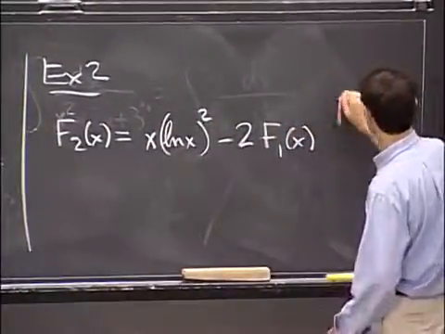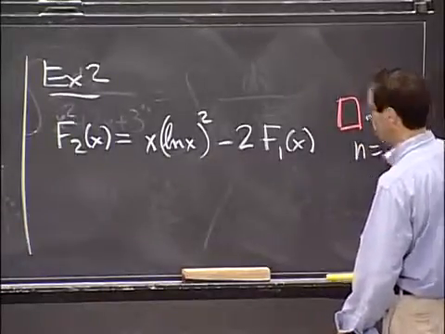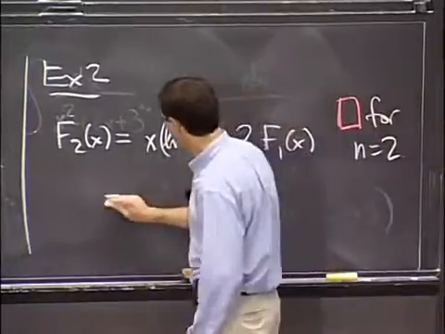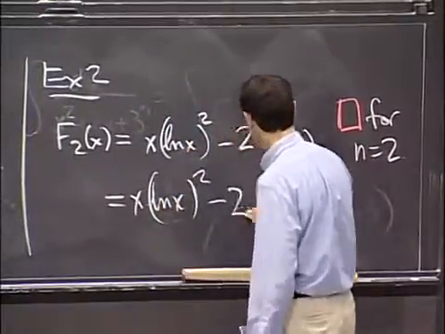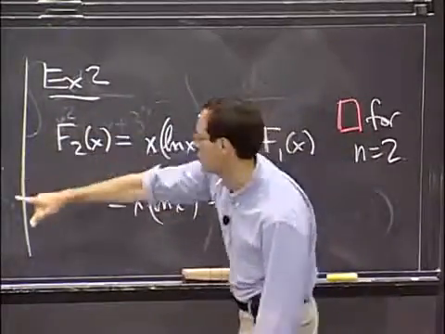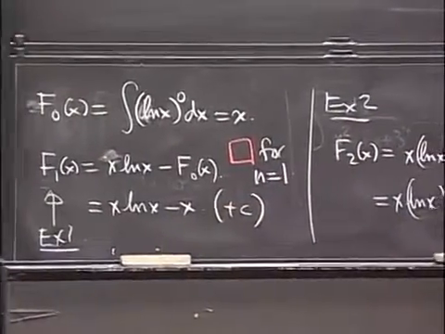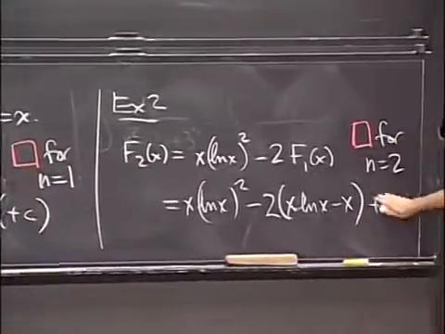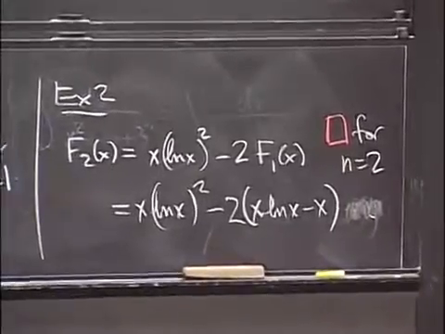Again, this is for n equals 2. And if I plug it in, what I'm getting here is x log x squared minus twice this stuff here, which is right here. X log x minus x, if you like, plus c. So I'll leave the c off.